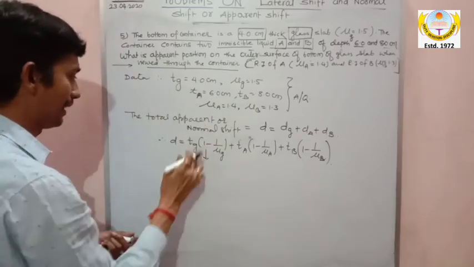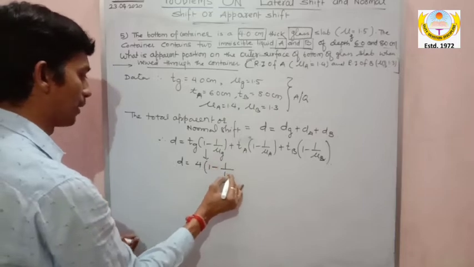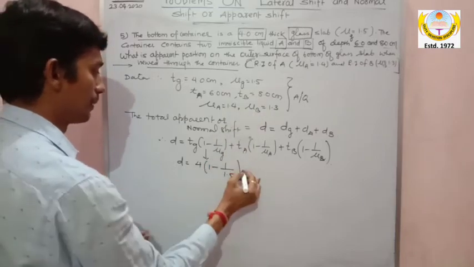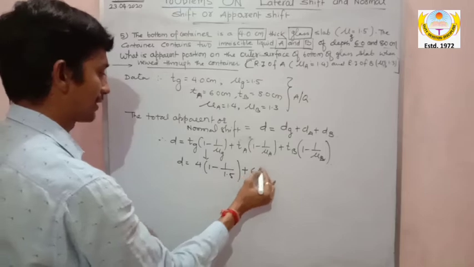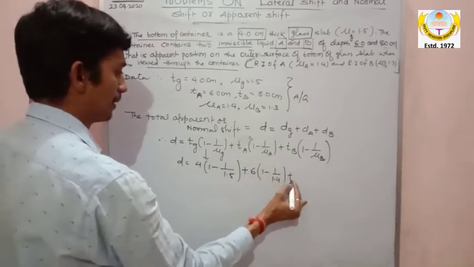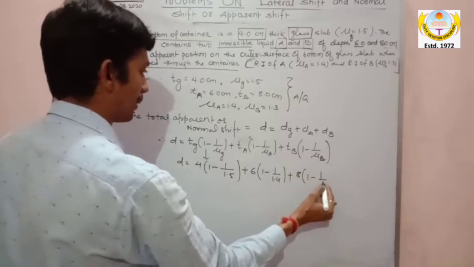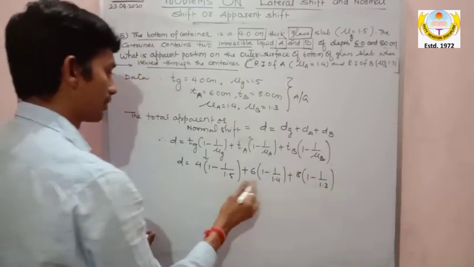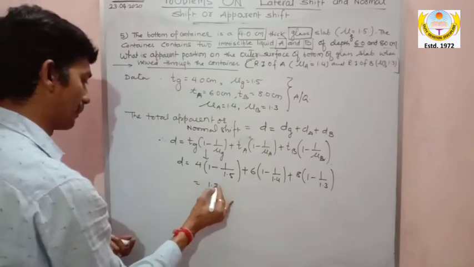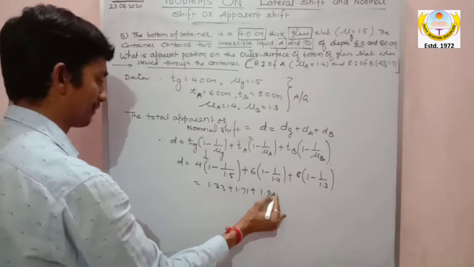Substituting the values: Tg is 4, 1 minus 1 upon 1.5, plus TA is 6, 1 minus 1 upon 1.4, plus TB is 8, 1 minus 1 upon 1.3. When you solve this, I hope it is 1.33 plus 1.71 plus 1.85.